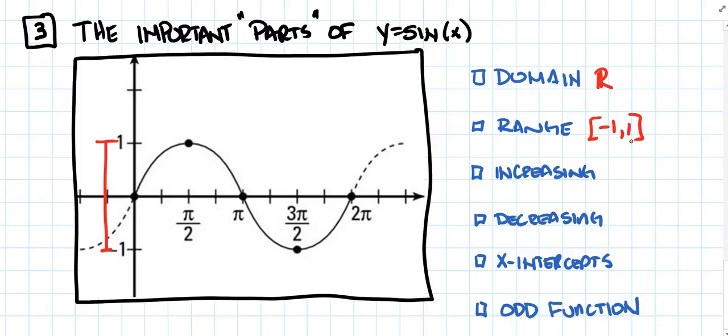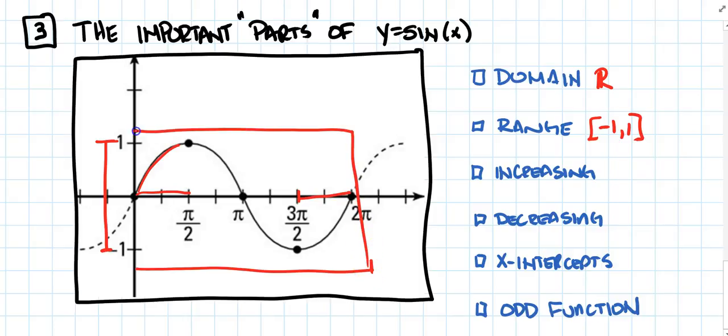Next, we'll talk about where this graph is increasing. If I'm just considering the interval from 0 to 2π, the graph is increasing from 0 to π/2 because it gets bigger here. And notice it's also increasing from 3π/2 all the way to 2π. I'm only considering this little box here.